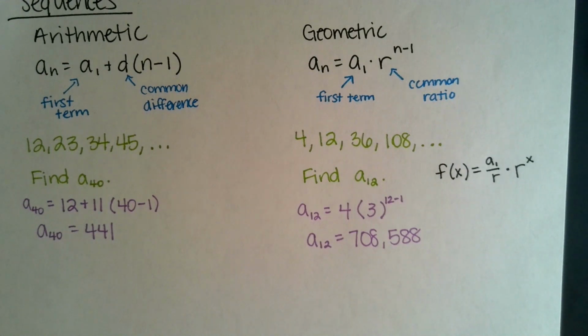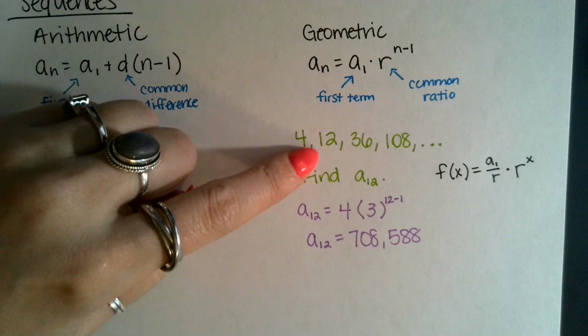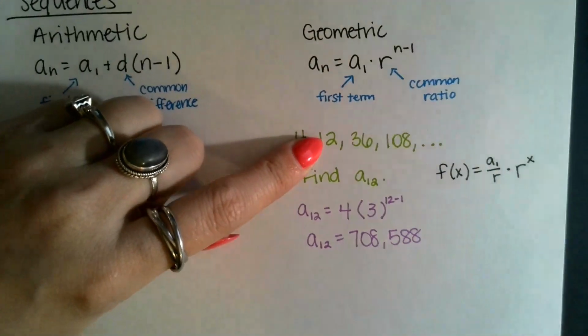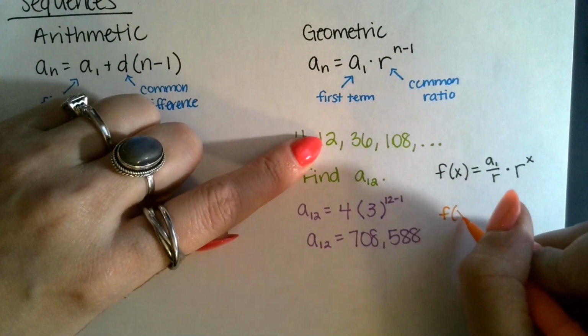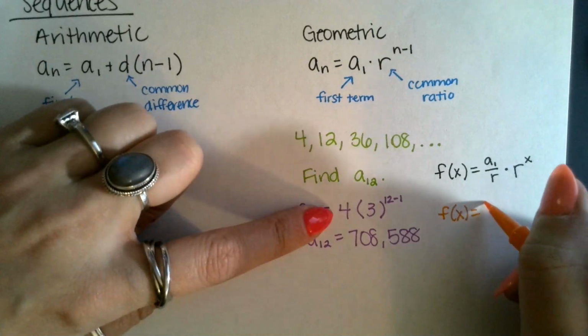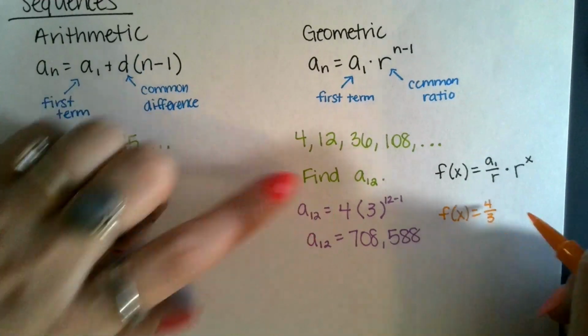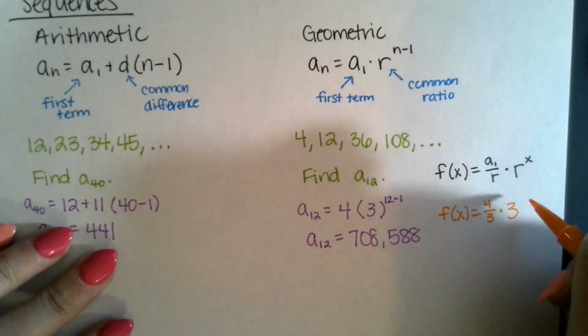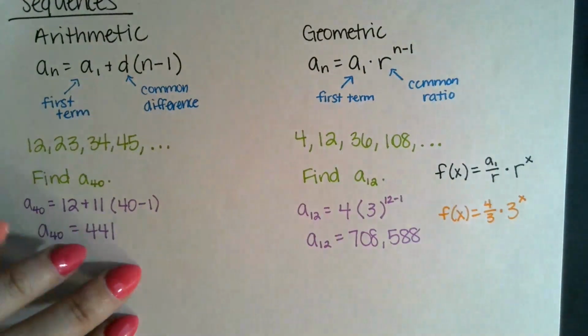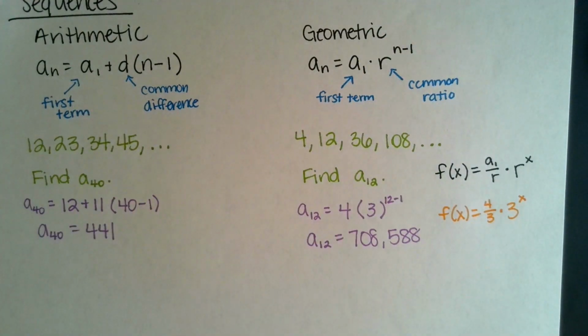But because we are using formulas, it's just a sub 1 over r times r to the x. So for this function, it would be f of x equals a sub 1 over r times r to the x. That would be this sequence written as an exponential function.